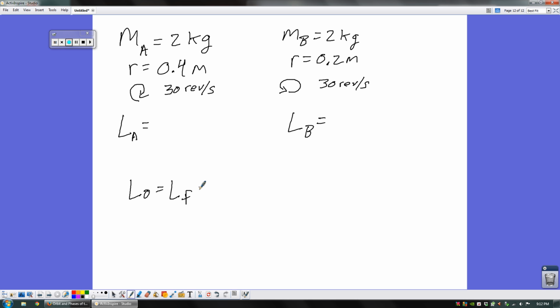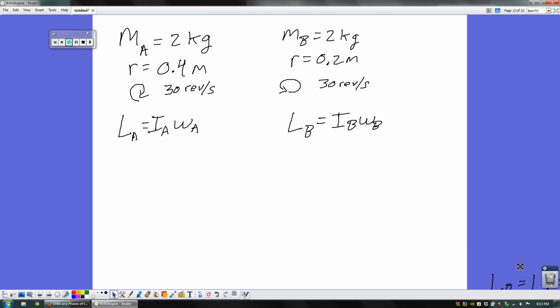As long as I solve for the moment of inertia of the two things stuck together, I can solve for what I'm asked for, the angular velocity. But first I need to find the moment of inertia of A and the angular velocity of A, and the moment of inertia of B and the angular velocity of B.